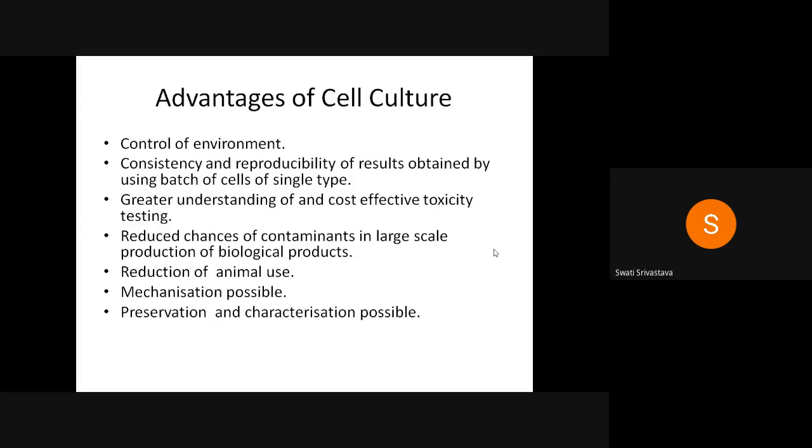Then next is the reduced chance of contaminants in large scale production of biological products. Now, if you are producing some kind of biological product for a human purpose or for feedstock purpose, then you need to have reduced contaminants.